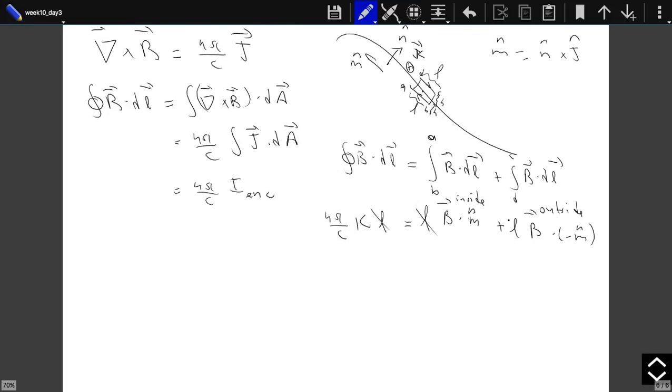Well, this tells me I can cancel the L's. So B inside minus B outside dot product with M should be equal to 4 pi over C times K.